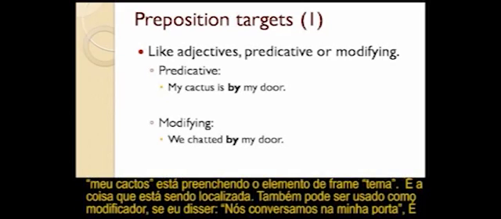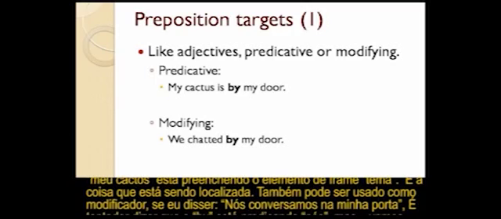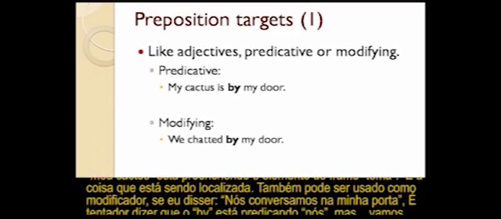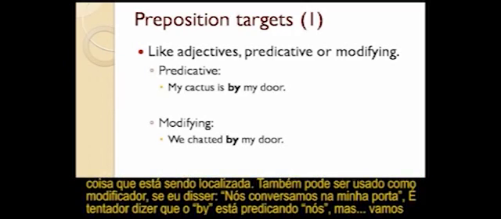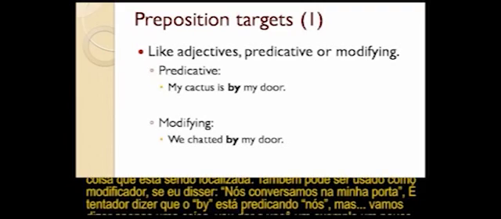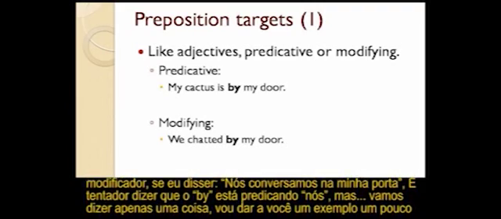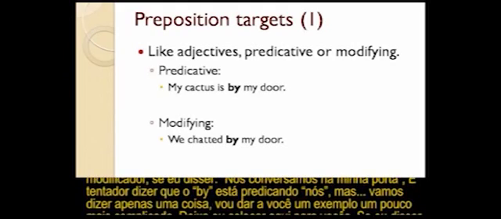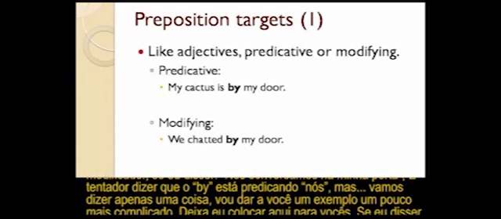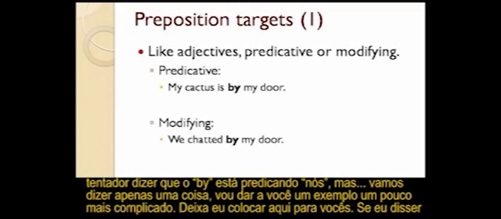They can also be used as modifiers. So if I say, we chatted by my door, it's sort of tempting to just say that by is predicating of we. But let me give you a slightly more complicated example that I probably should have put up there.